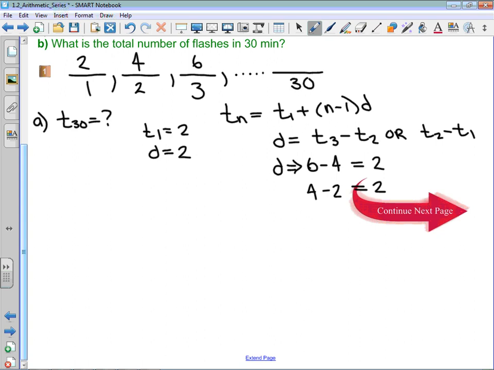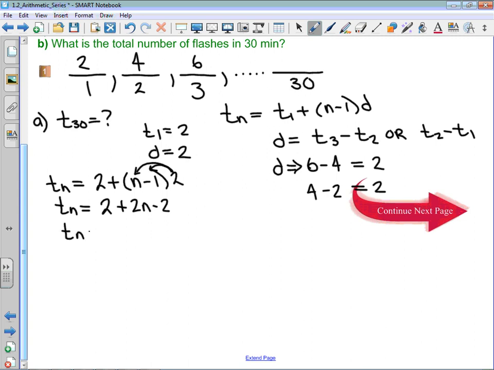So I'm going to write the general term down. That means that Tn is 2 plus whatever n is minus 1 times the common difference of 2. I like to manipulate that a little bit. So I'm going to say that Tn is 2 plus 2n minus 2, just distributing that into the bracket, which means that those 2's are going to cancel. So Tn is 2 times n. Now, you can quickly double check that.